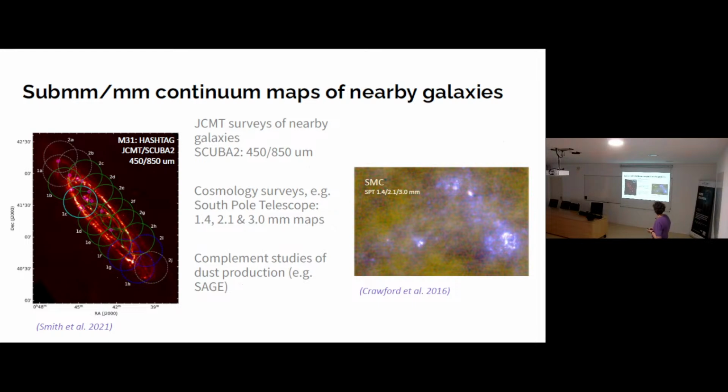We also want to use, or can use, a wealth of data available, especially from the JCMT. So we want to use this data. Surveys of nearby galaxies, for instance, Andromeda here, where a SCUBA-2 map is made at 450 and 850 microns of the entire galaxy.